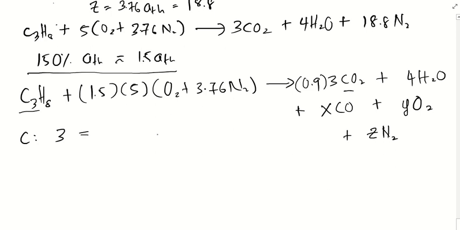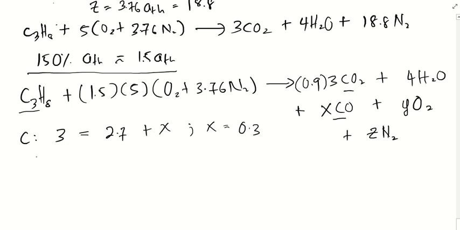At the right hand side is 2.7, and here we have plus X. So from there, X is equal to 0.3, right?